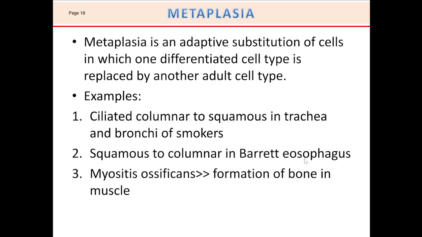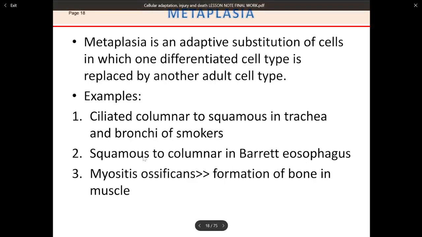That exposure of the esophagus to the acidic content causes the replacement of the squamous epithelial lining of the esophagus by columnar, which is not supposed to be so. Another example is myositis ossificans, which is the formation of bone in muscle.